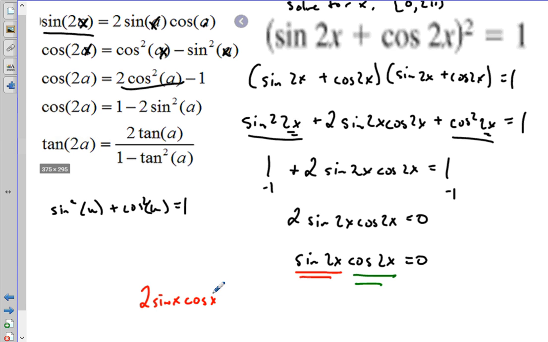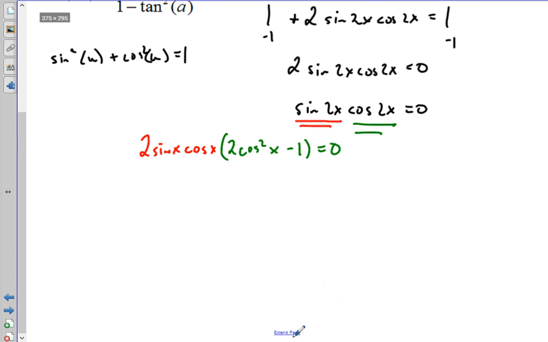Either one would be fine. I'm just going to take that one right there, and that's going to be times 2 cosine squared of x minus 1, and that's going to equal 0. Both of these are equal to 0. Now notice that we have everything being multiplied, and we have 2 and 2, so that doesn't matter, but they're all going to equal 0.